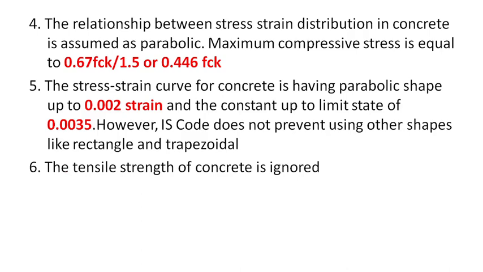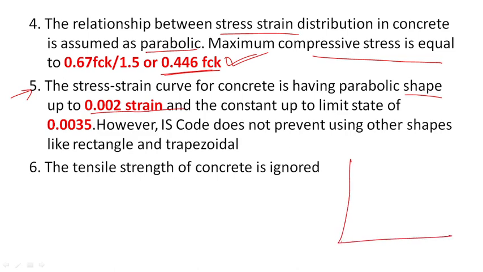Next one, the relationship between the stress strain distribution in concrete is assumed as parabolic. Maximum compressive stress is equal to how much? 0.446 fck. I have just explained this in the stress strain curve of the concrete. The stress strain curve of the concrete has a parabolic shape up to 0.002 strain, right? Like this.